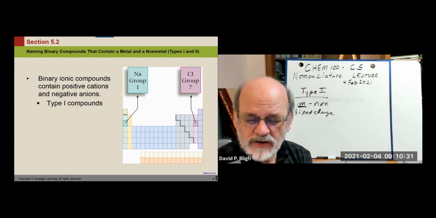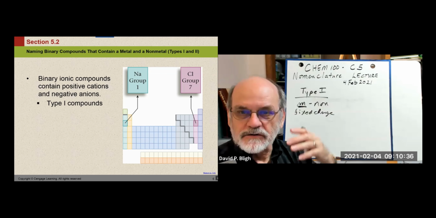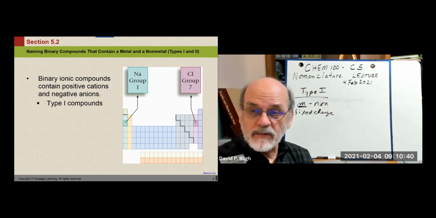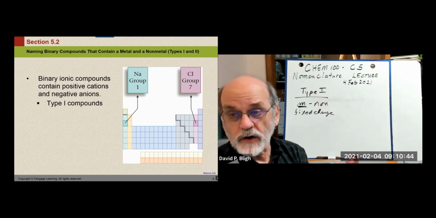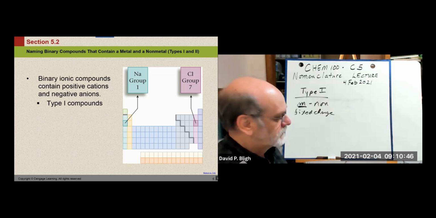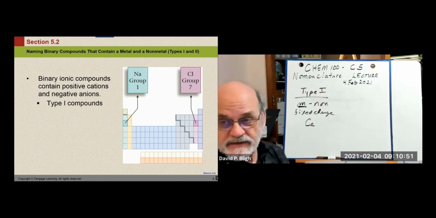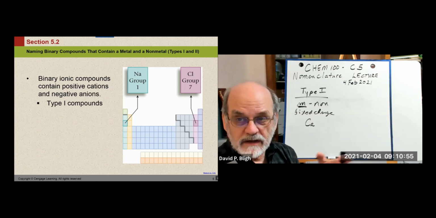If it's a fixed charge, then it's simple to write the compound and balance the charges. We did it for sodium chloride. Well, what if we take something from the alkaline earth groups like calcium? Calcium's in the second group, so when it's in a compound, its charge will be 2+.